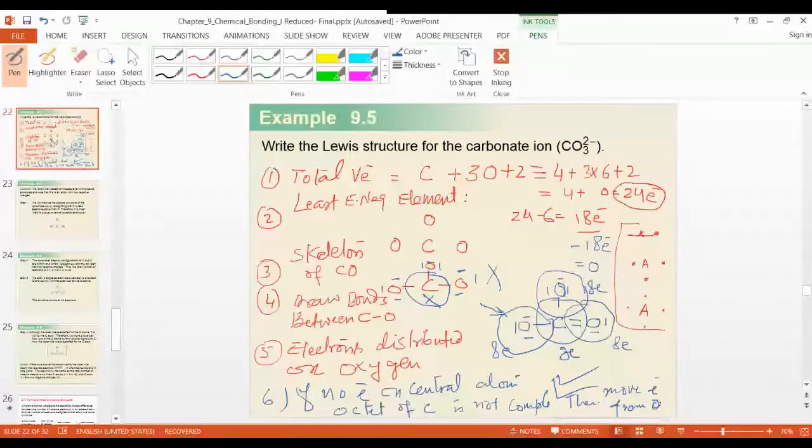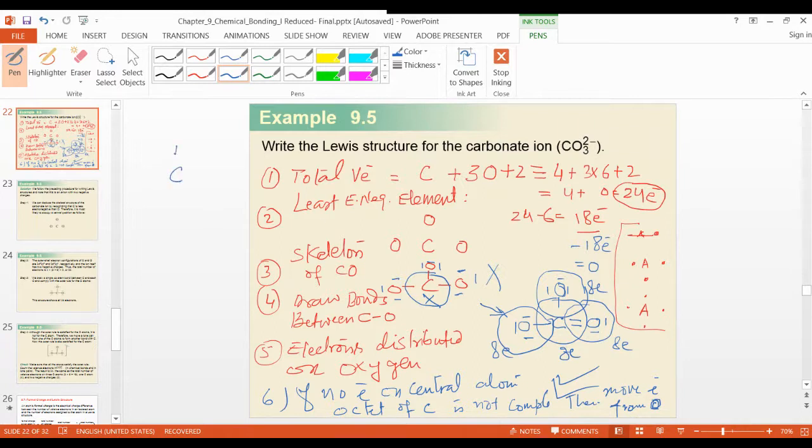Clear? Any oxygen. You can move 2 electrons from any oxygen, either this or this. If you move from this oxygen, you will make a double bond here. This will be single, this will be single. If you move 2 electrons from here, this will be a double carbon and oxygen bond. Others are single. So in this way, this is a very good example you can put when you write down this structure.